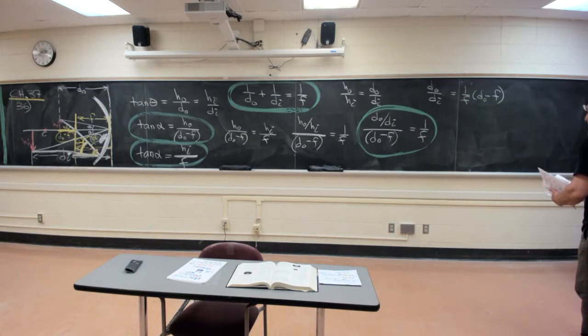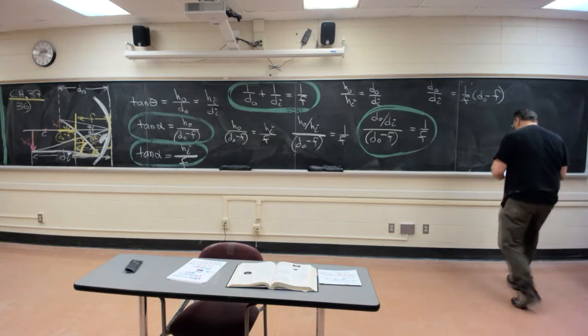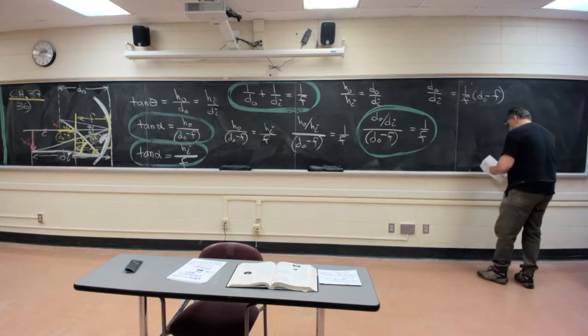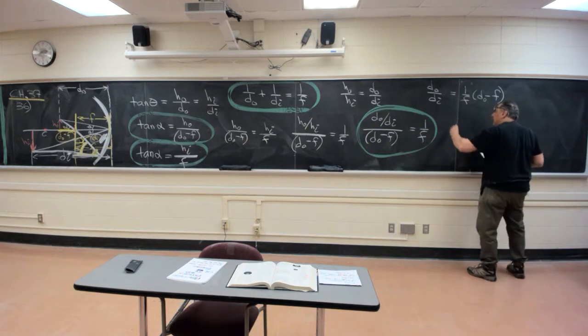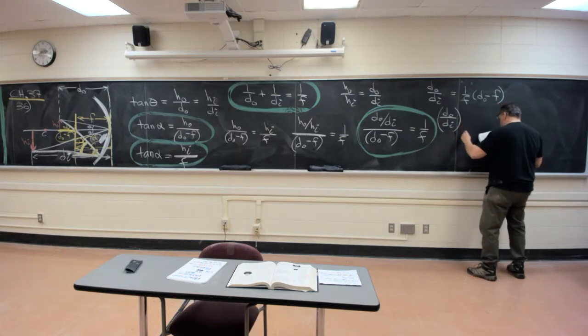Right. We got that. Right, and then they multiply by F. You can multiply by F on each side. And what you end up getting is, multiply by F on each side.